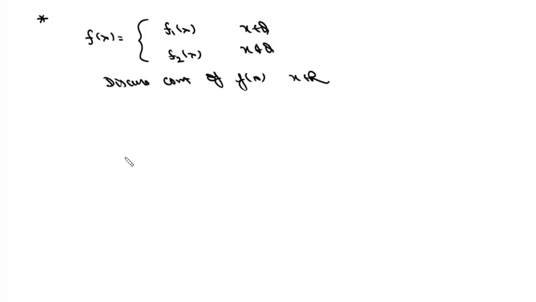Now if we look at any point, say x equal to a, and if we look at this limit x tends to a negative f(x), that means we are talking about value of this function in the left hand neighborhood of a. Now in left hand neighborhood of a, there will be infinite rationals and infinite irrationals.